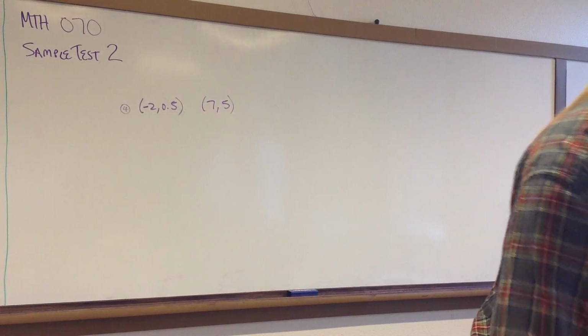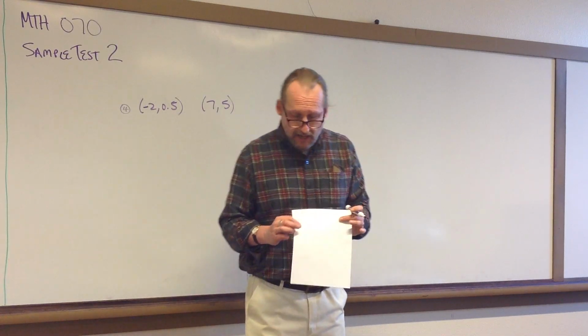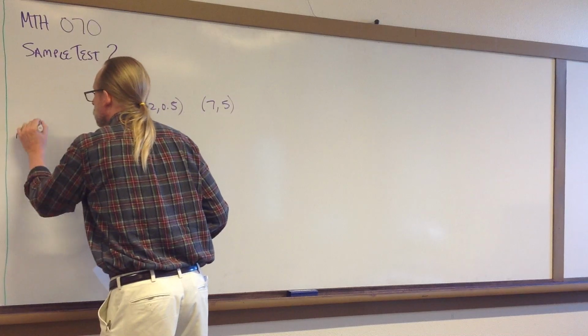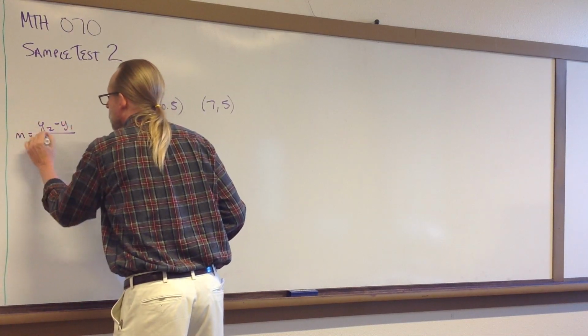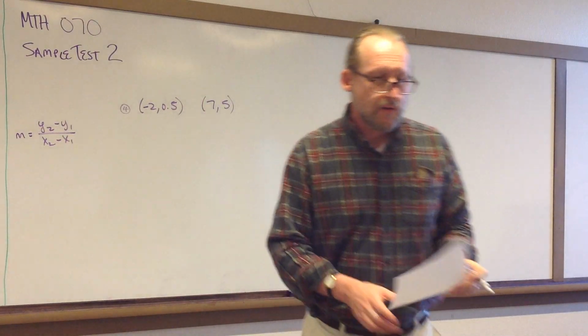So, along with the test, and this will be with the sample test as well, you've got these formulas here. Mostly it's just the slope formula, okay? And that is m equals y2 minus y1 over x2 minus x1.